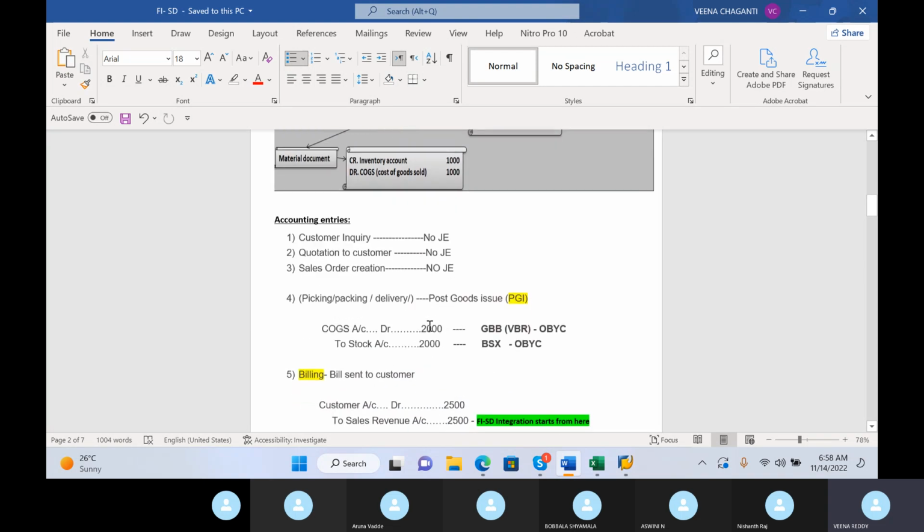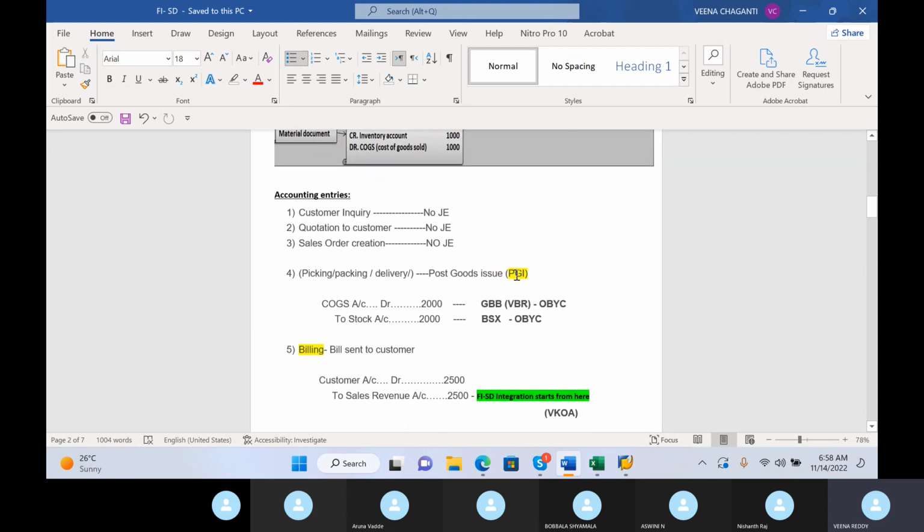After post goods issue, the accounting entry will come. For customer quotation and sales order, there is no general entry. But at post goods issue, the accounting entry is cost of goods sold account debit to stock account. Cost of goods sold means how much cost happened for that product, from raw material to finished product.